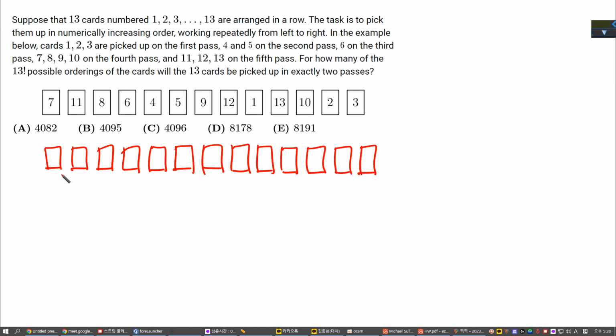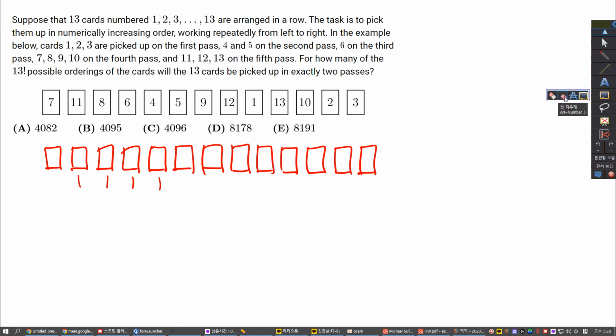For number one's position, it can be one of these. One cannot be in the first position.